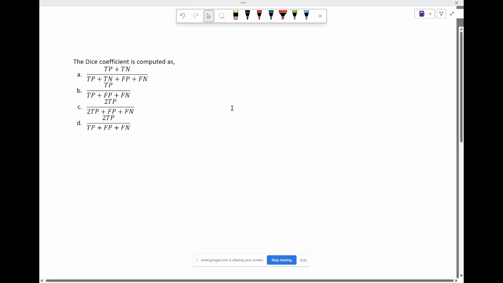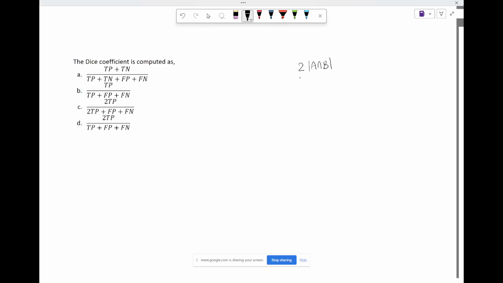So if you recall from the first lecture of this week, the dice coefficient was defined as 2 times the number of elements in A intersection B, divided by the number of elements in A plus the number of elements in B, where this A and B are what?